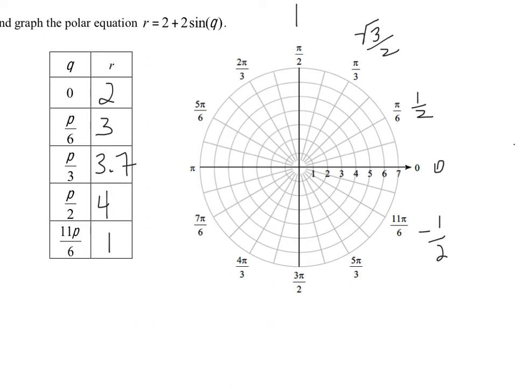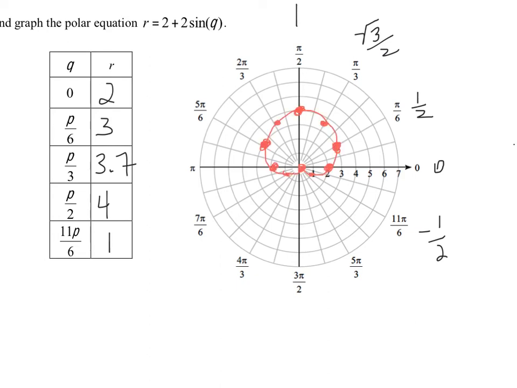The next one is 2 times 1 is 2, plus 2 is 4. And then the 11 alpha, or I'm sorry, 11 pi over 6 angle was negative 1/2 times 2, which is negative 1. And 2 minus 1 is 1. So I'm going to go ahead and graph those points. And what I should end up with is a heart shape.